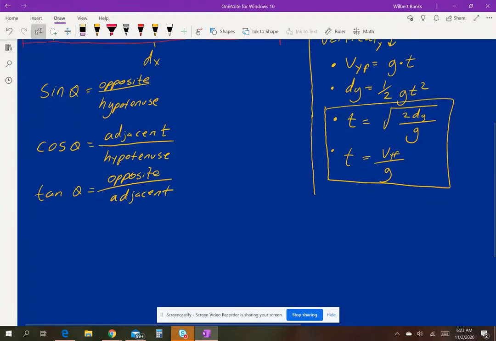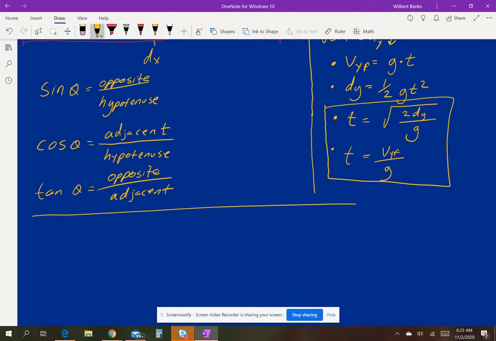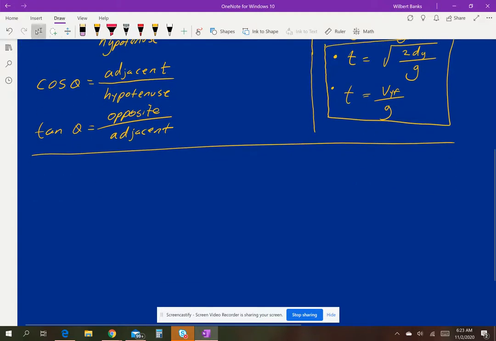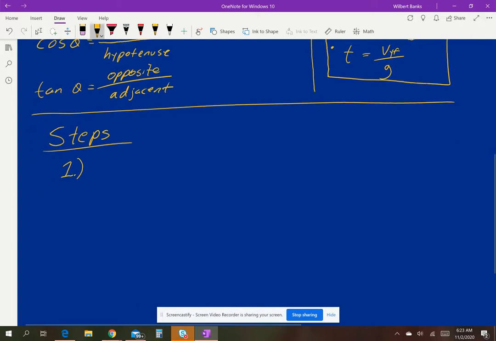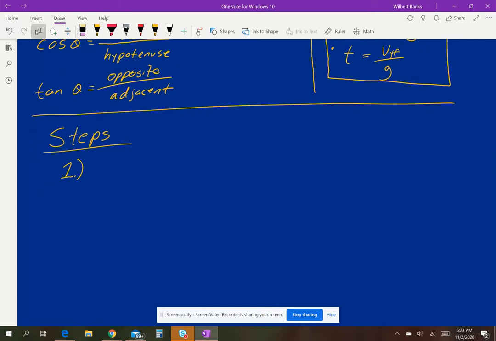Okay, so then the next thing I want to look at is some of the steps that you need in order to solve for these type of equations. So let's go look at some steps. The first step that you're generally going to have to do with our basic is that you're going to have to complete your triangle. You're going to have to find the sides of your triangle, so you're going to have to find Vy and Vx.